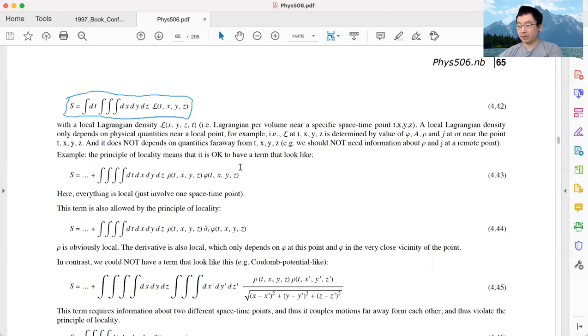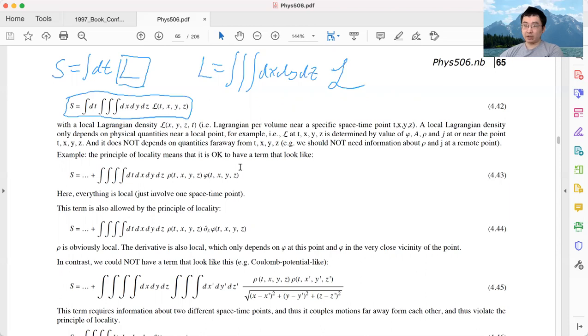Let me explain this formula a little bit. We know that the action is the integral over time of the Lagrangian L. What the principle of locality tells me is that this Lagrangian L can be written as the spatial integral dx, dy, dz of curly L. And this curly L is what we call the Lagrangian density.